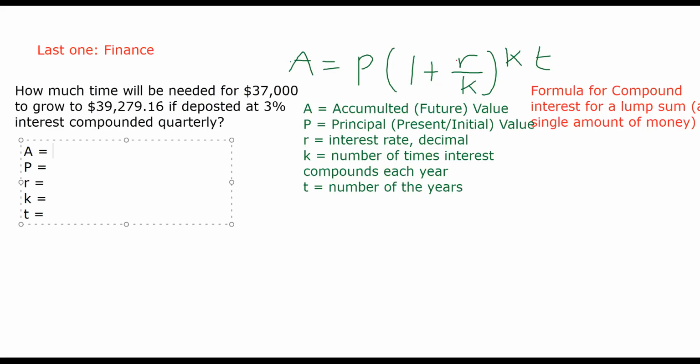So the accumulated or future value, what I'm doing in this problem is I'm putting $37,000 into an account. Most of us would probably be very happy to have $37,000, but I'm going to put it into an account, and I'm going to save that money. It's going to get 3% interest, which is kind of hard to exactly tell you what that means.